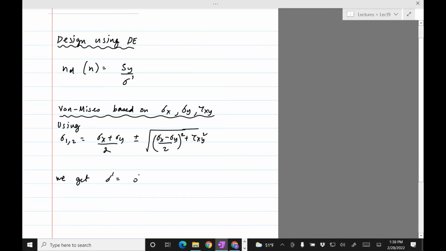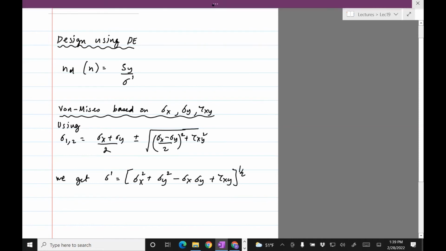So this is an expression for sigma prime in terms of sigma X and sigma Y and tau XY, and the power raised to half.